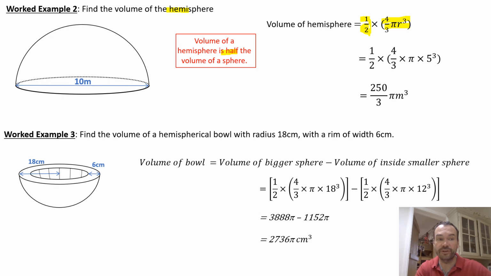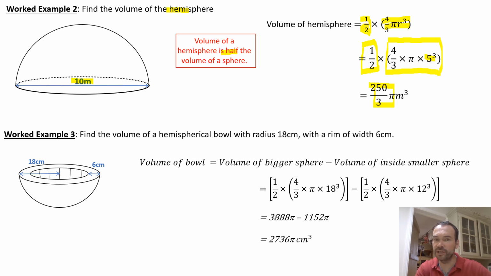So if the diameter is 10, the radius is 5, this bit would be the volume of the original sphere, which you halve. And you can either leave it as that, which is the exact answer, or you type that into your calculator and convert it into the decimal.